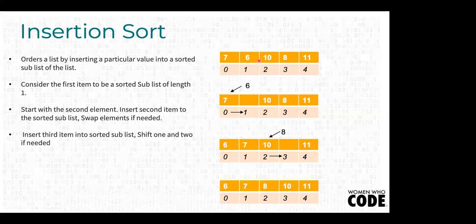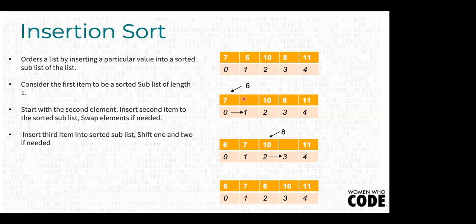You just keep adding to this cloud in a sorted way. Here, 7 is the first element, and you consider 7 to be already sorted, a sorted sublist of length 1.